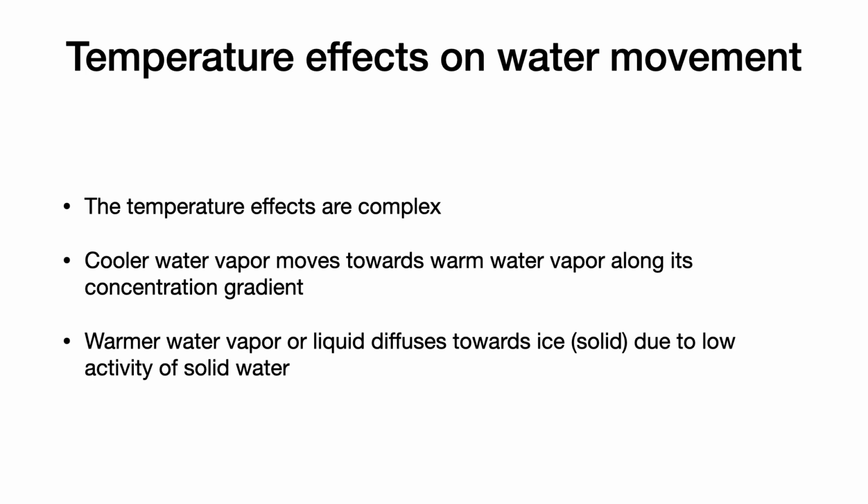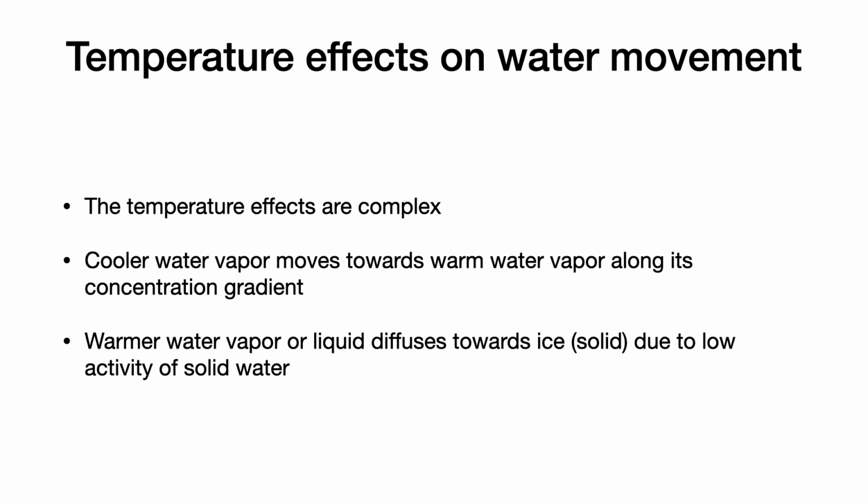When water vapor is warmer, the water molecules expand in the gaseous form, and therefore it's less dense. So cooler water always moves towards warmer water because cooler water has more concentrated number of water molecules in the same volumetric space.